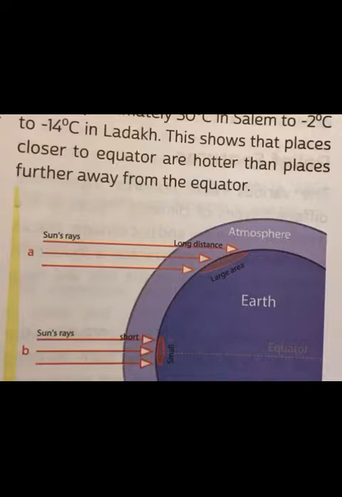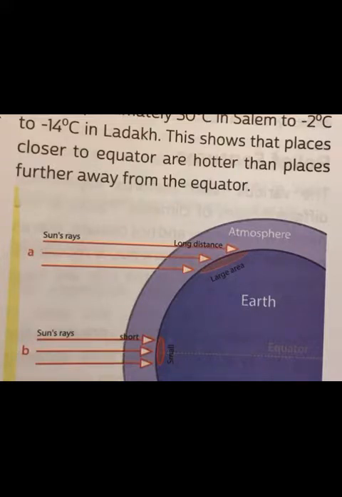Children, you can see in the picture, the diagram here. See, in the first part, it is given sun rays. They have a long distance. They are covering a larger area. And in B, you can see the sun rays are short, which are coming on the equator, and the area is small. The places near the equator are hotter than the places away from the equator.